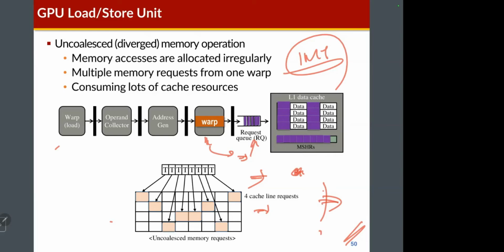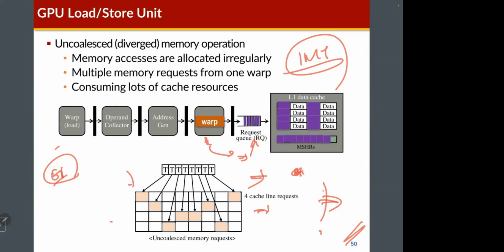So in order to increase the performance of the GPU, if the memory access patterns converge, which means that multiple memory transactions can be merged into a single memory transaction, it's good for GPU performance. But it's not so for general purpose applications that exhibit very diverse memory access patterns.